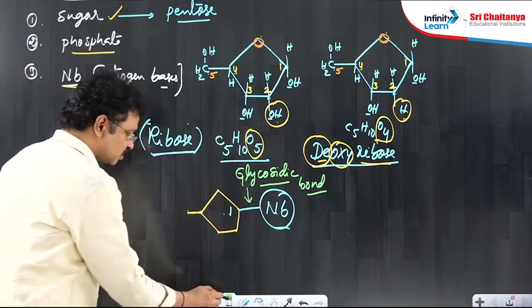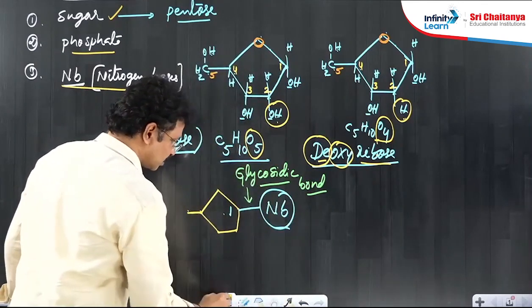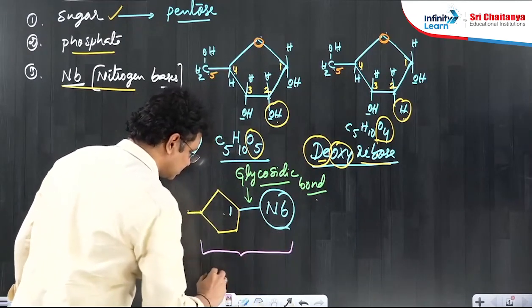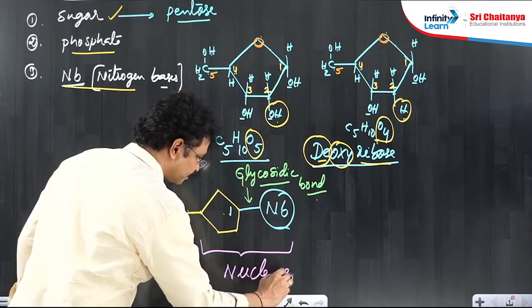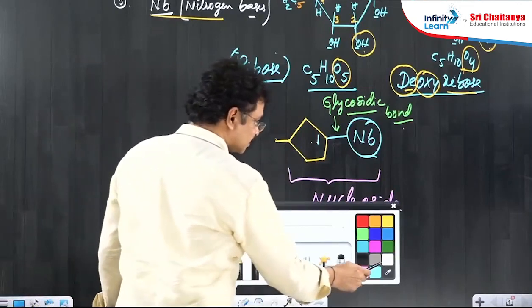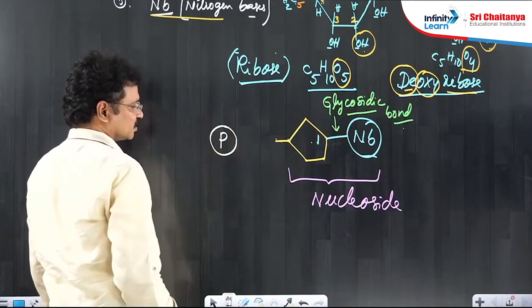Now these two constituents together are called a nucleoside. Now the nucleoside plus phosphate. The third constituent of the nucleotide is the phosphate.